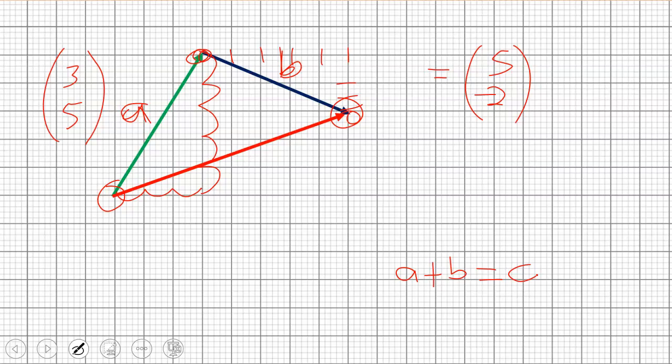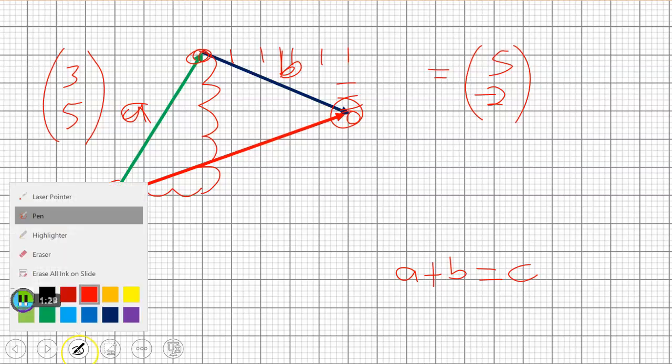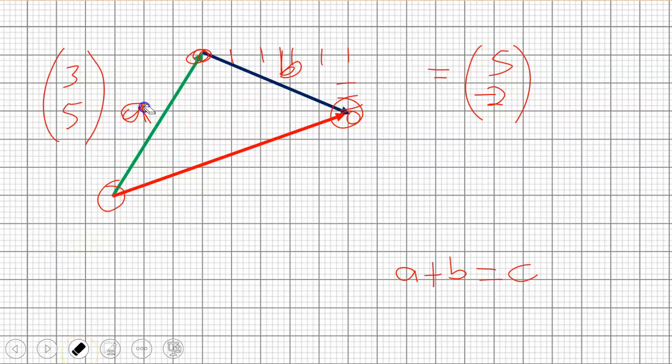Let's see whether that is true. Vector C, according to what we have here, should be from the origin to the terminal here. We have 1, 2, 3, 4, 5, 6, 7, 8.